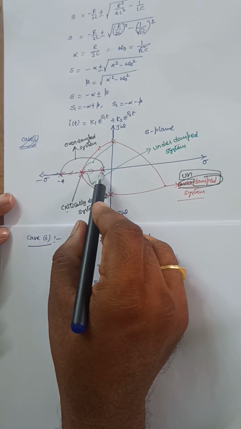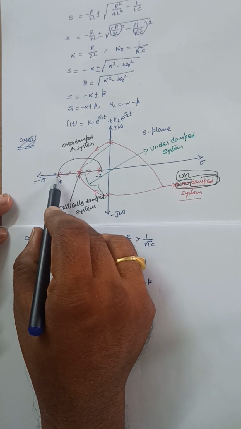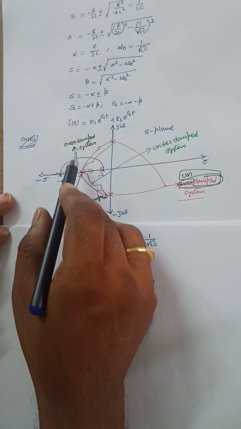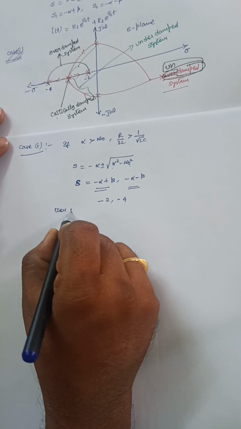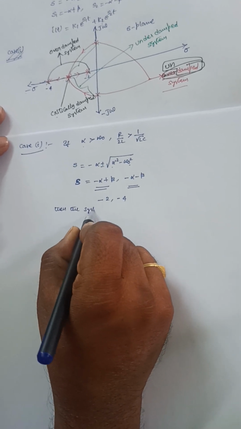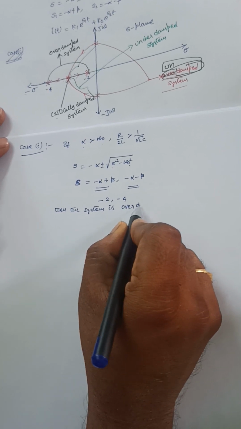One root is located at this place, another root at this place. Then the system is said to be an over damped system.